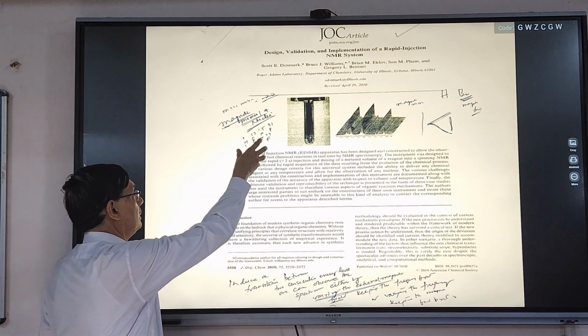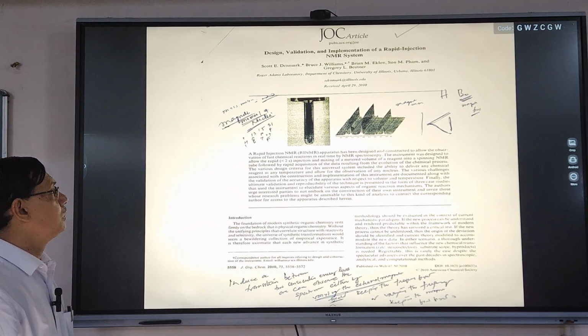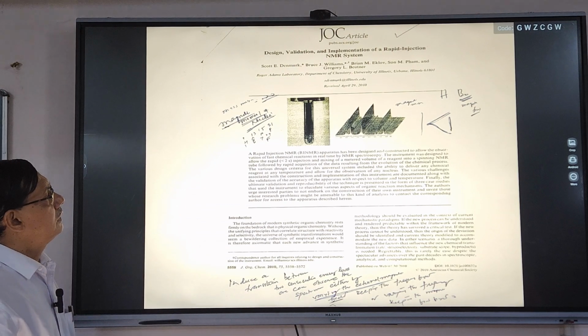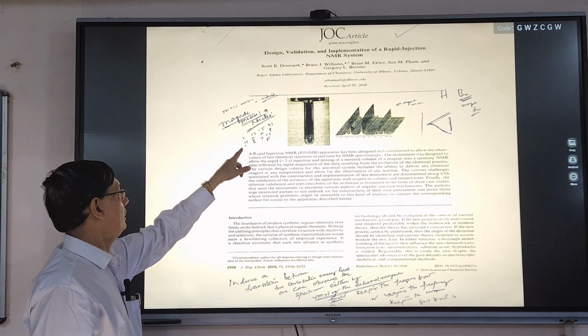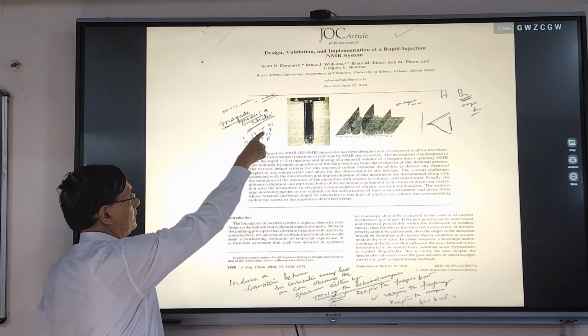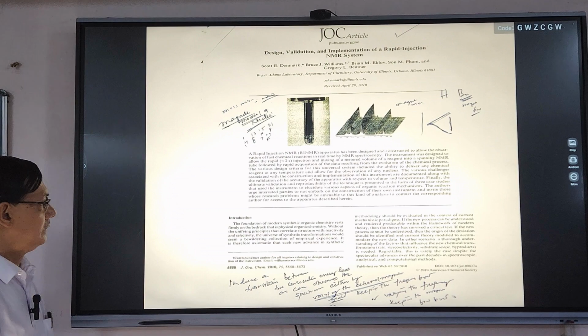So you can choose accordingly which nuclei will be suitable for such a study. But most of the laboratories are using carbon 13 and hydrogen 1. But for some organic reactions, we need P31, fluorine 19 or nitrogen 15.